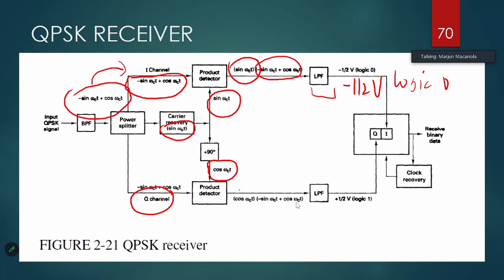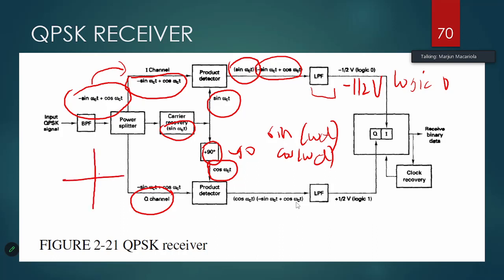So remember, kapag po siya ay naka-positive 90, ang gagamitin po natin ay sine omega CT. Kapag po siya ay naka-negative 90, ang gagamitin po natin ay cosine omega CT.